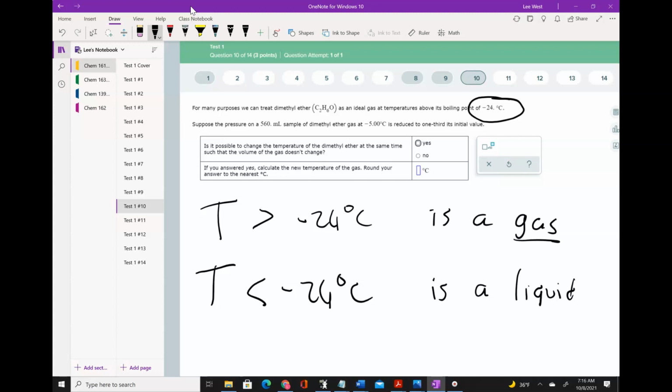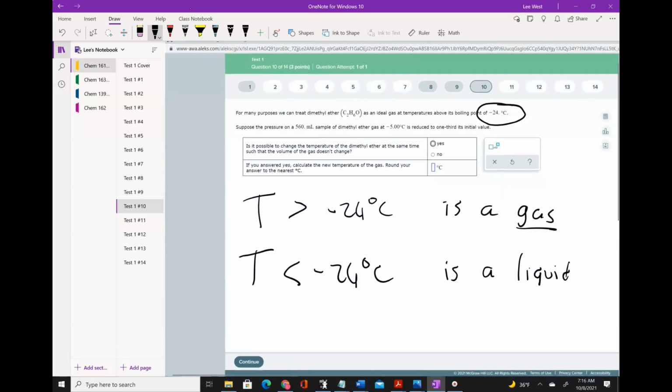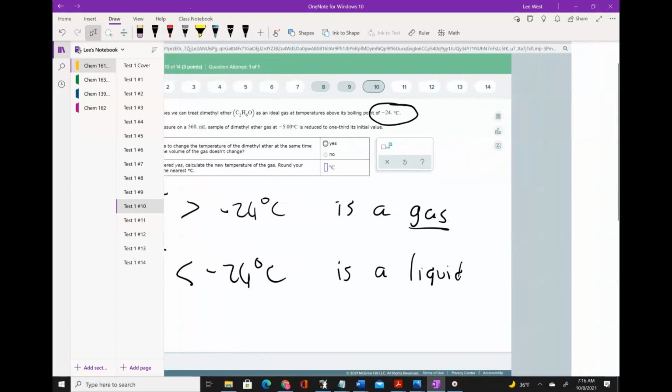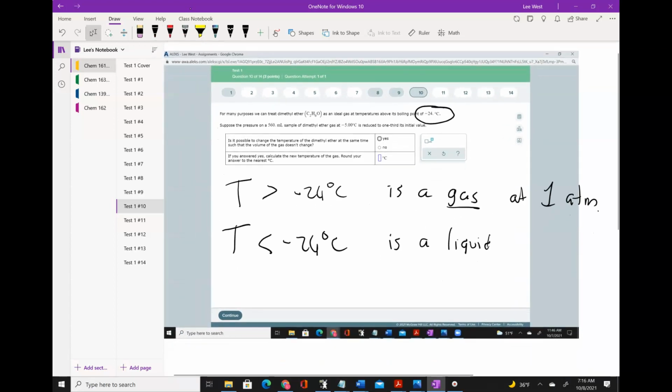And this is when we're at sort of normal atmospheric temperature and pressure, so at 1 atmosphere. It says, suppose the pressure on a 560 milliliter sample, so they're giving you the volume here, of dimethyl ether gas at minus 5 degrees Celsius is reduced to 1/3 its initial value.